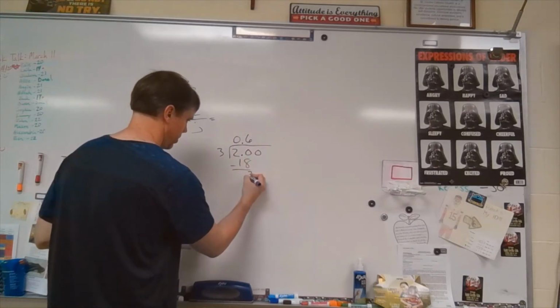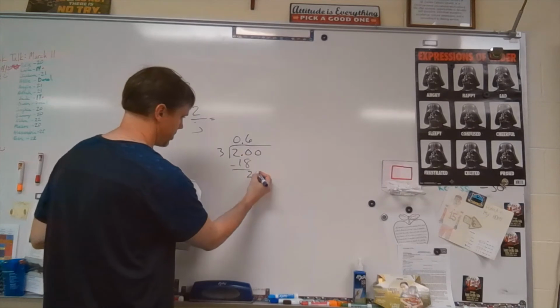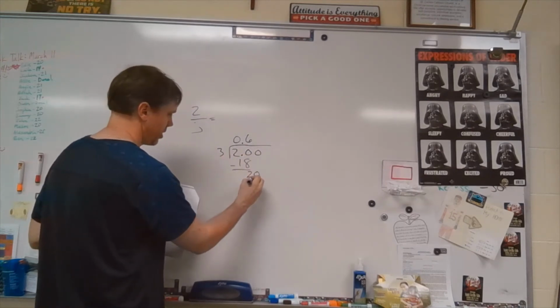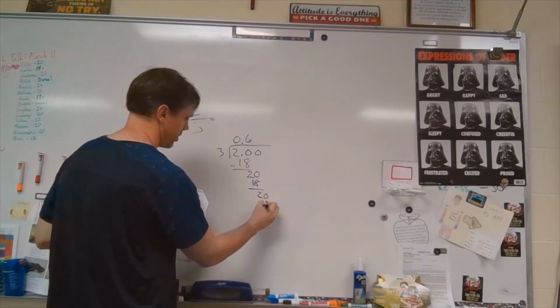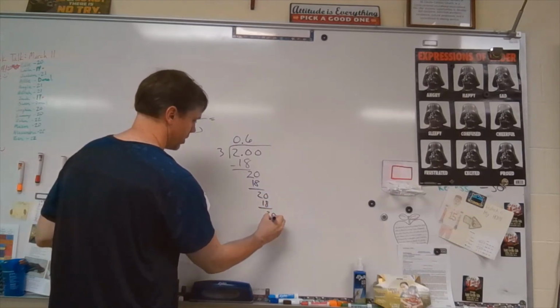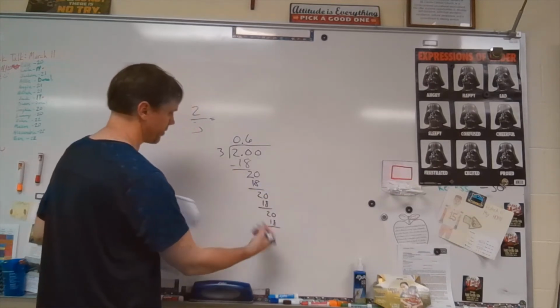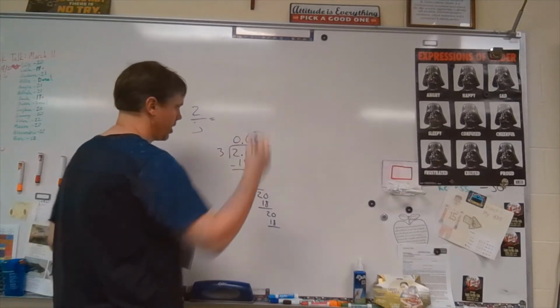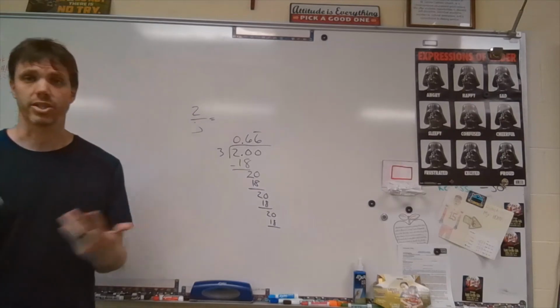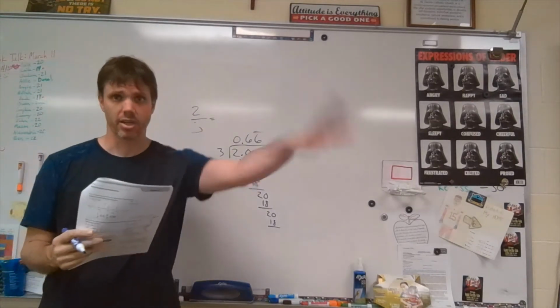And then we end up with a 2, drop down the 0, we're back to 20. This is going to be 18, which is going to give us a 2, then 20, 18, etc., forever, right? So again, you can just do 0.66, put a little line over it, and then just understand that it's going to be 6's forever.